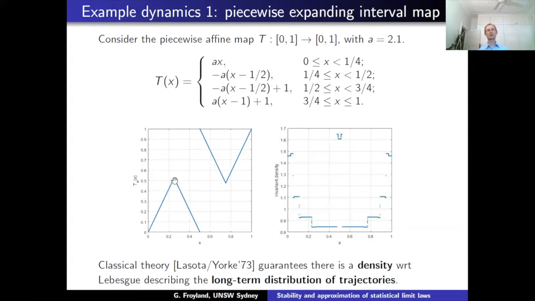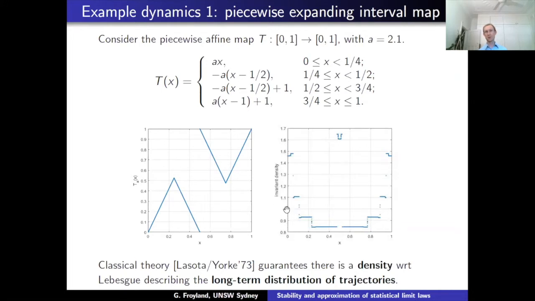And in fact, in this simple case where you're piecewise affine and you don't have onto branches, if you plot histograms of long trajectories, then the density, first of all, you know there is a density with respect to the Lebesgue, but that density can be complicated, like what you see here on the right. So this is the domain again, this is 0, 1, and this is the density.